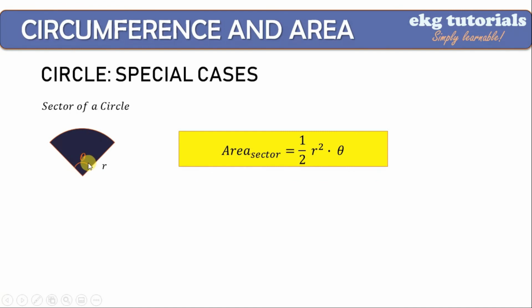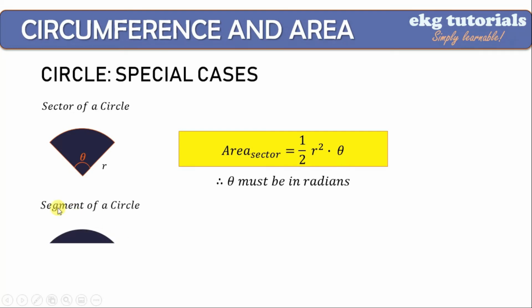We call this the central angle of our sector. Now, kailangan yung value ng theta must be in radians. Kadalasan ng mga makikita natin na given dito is naka-degrees, so kailangan pag pinasolve sa atin yung area ng sector, i-convert muna natin to radians bago natin i-substitute dito sa formula na to. Okay? So, klaro yan.